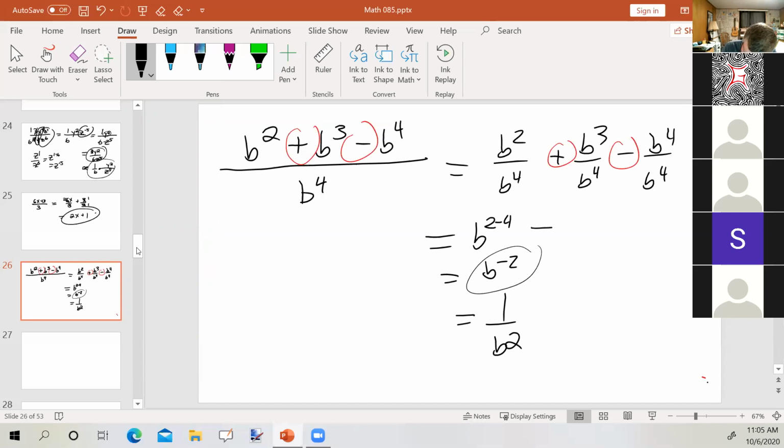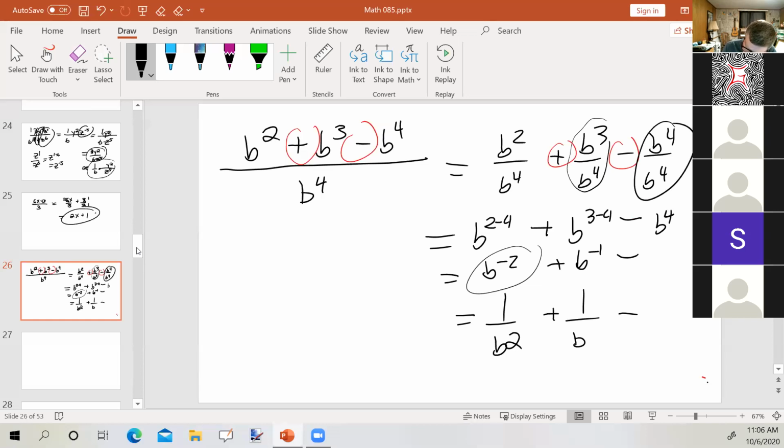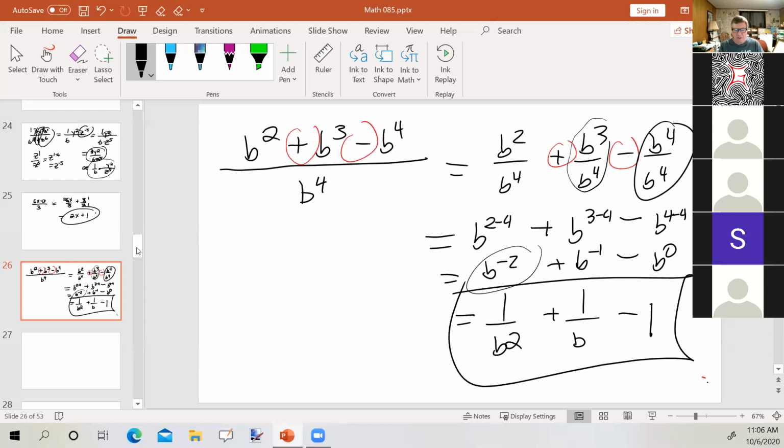Okay, plus b cubed over b to the 4th is b to the 3 minus 4, which is b to the negative 1, which is 1 over b to the 1, or just 1 over b. Minus b to the 4th over b to the 4th is b to the 4 minus 4, which is b to the 0, which is 1. So the final answer is 1 over b squared plus 1 over b minus 1.